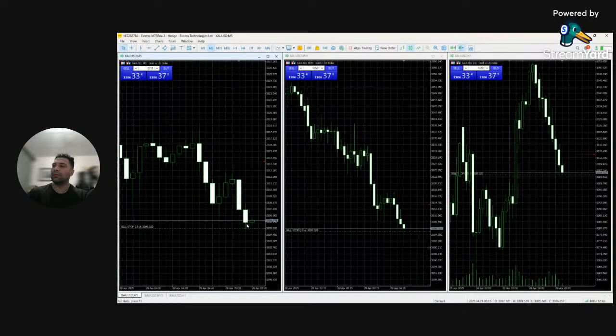Due to the low volume, the price can actually turn around, but let's see how. So we can see that it is retesting right in here.